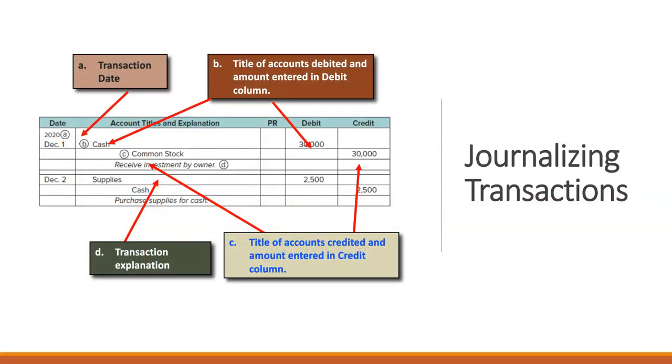Okay, this is an example of a journal entry in accounting software. We have the date of the transaction, the title of the accounts, the amount of the accounts, and then the explanation of what the transaction is for.